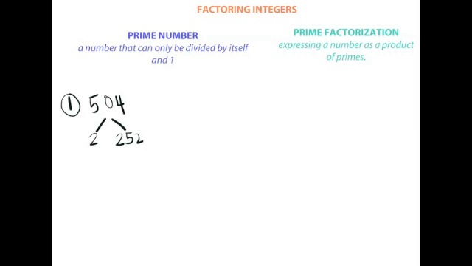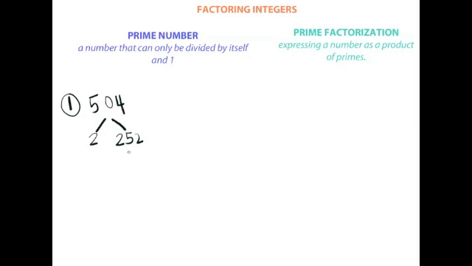If you found another number to work with, that's perfectly fine too. The key thing is that the first two stems should multiply together to get the tip here. So 2 times 252 should be 504.